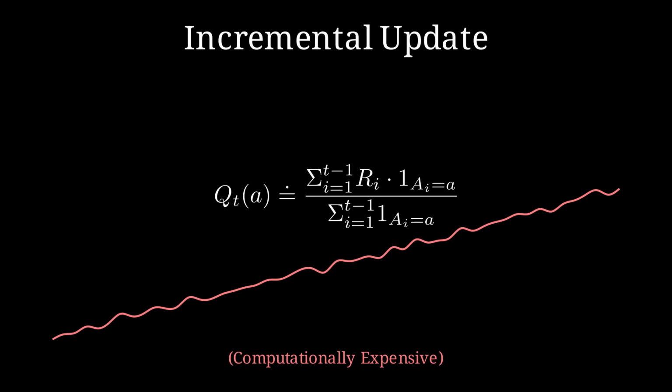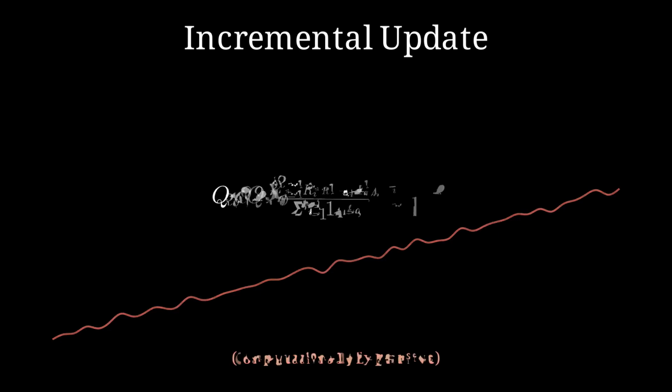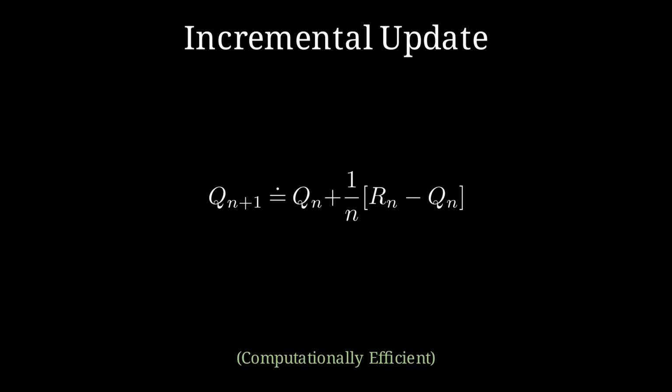If r sub n is the reward received after the nth action, the updated estimate is calculated by the following equation. The updated estimate equals the old estimate plus 1 over n times the difference between the reward received and the old estimate.